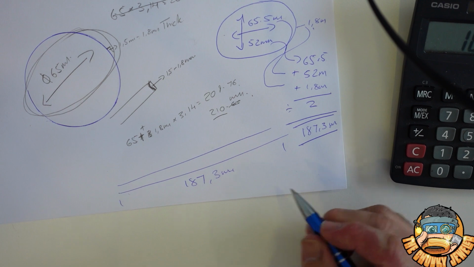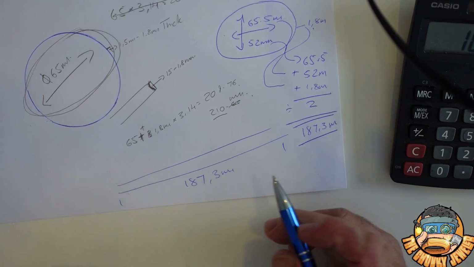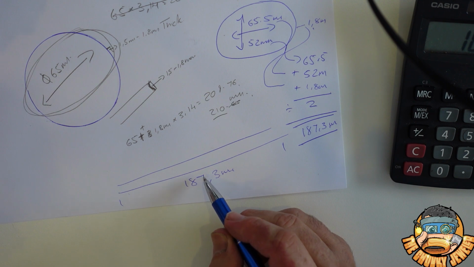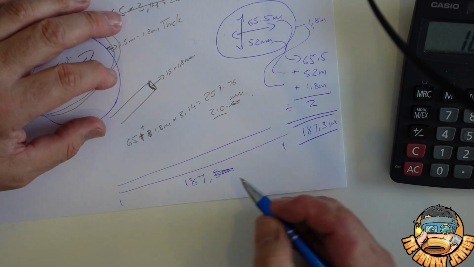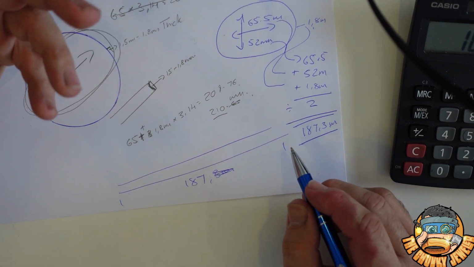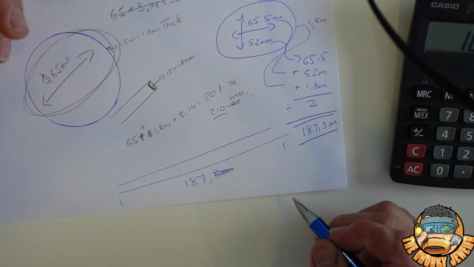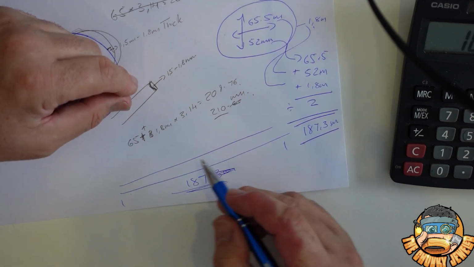You can round it off to say 188, or, as I might do, since I've got a bangle stretcher now, we'll probably bring it down to 186 or just 187 straight. Once we get to the bangle stretcher, we'll stretch it oval, and if we need to go slightly bigger we can. But I think that's the number we'll work with.